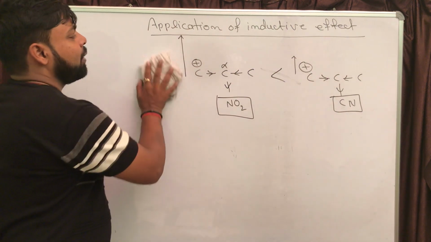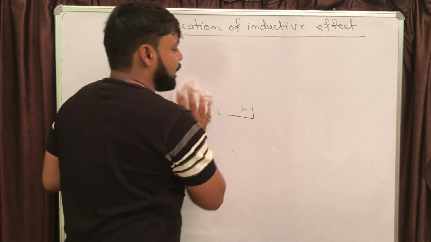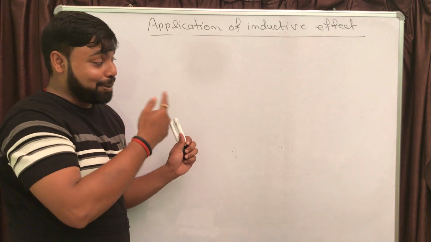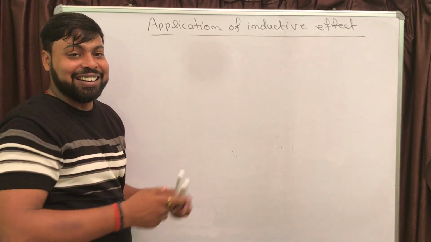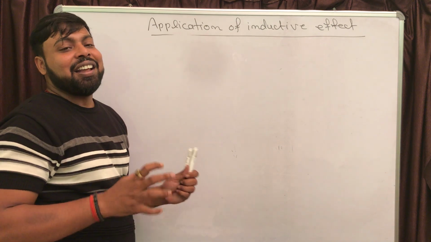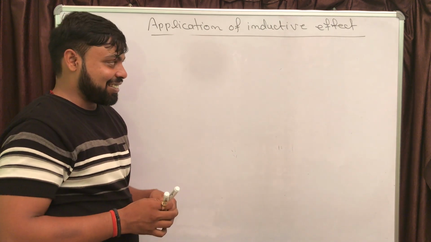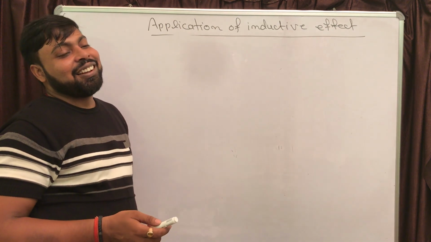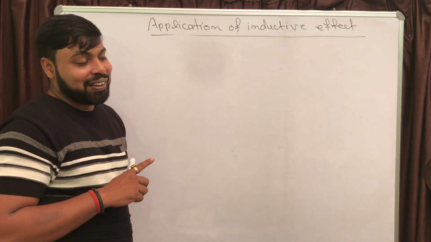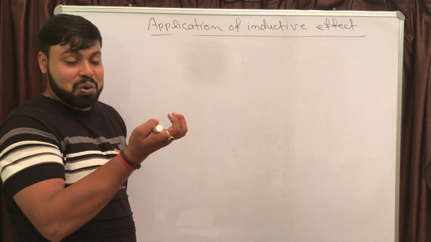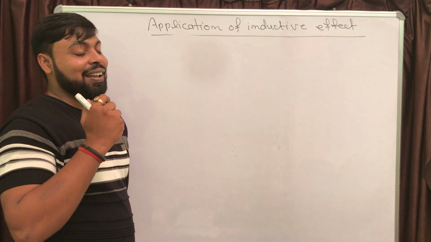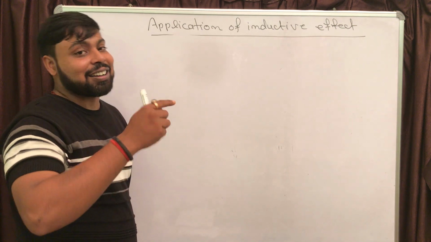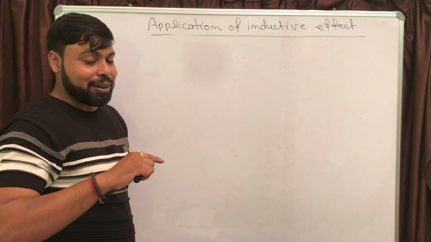Now we have seen the stability of carbanion in first case, carbocation in second case, when electron withdrawing groups are attached. Now the conclusion is, in the first case, there was carbanion and NO2 was more electron withdrawing group, and in that case NO2 attached carbanion was more stable.